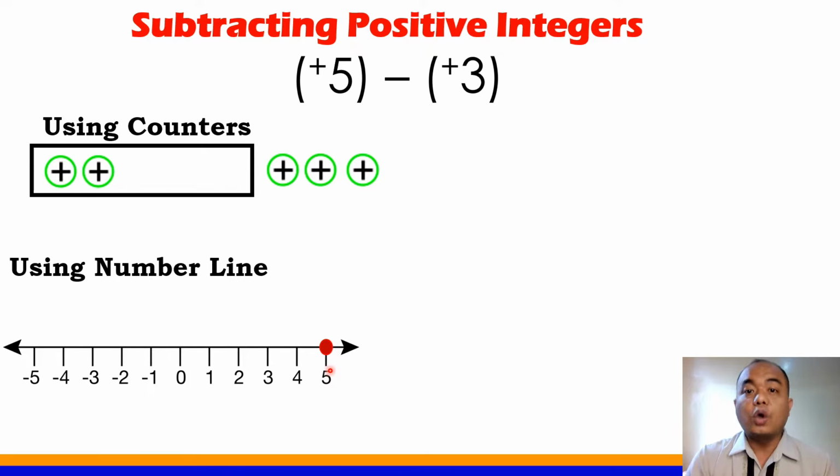And to do that, we have to move 3 units to the left of the number line. Okay, please observe. 1, 2, 3. What is the answer? Yes, still we got positive 2 as our answer.